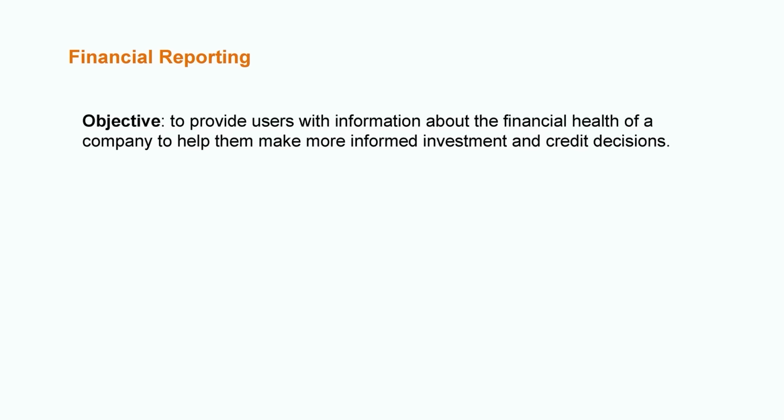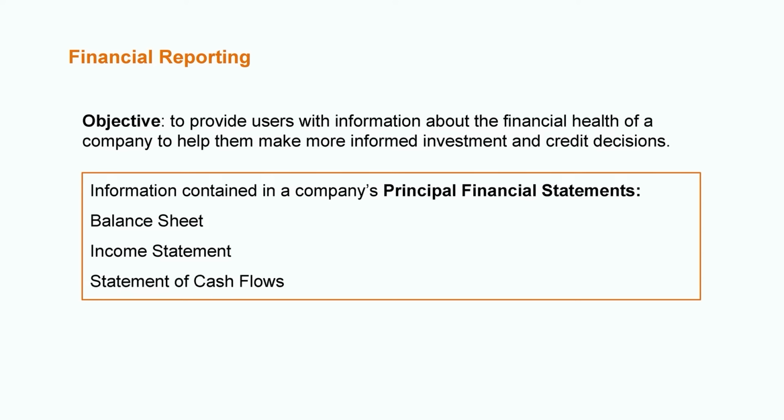Let's start with the purpose or objective of financial reporting. The principal purpose of the financial reporting process is to provide the users with information about a company's financial health so that they can make investment and credit decisions. In order to make these types of decisions, the users rely on a company's set of financial statements, including their balance sheet, income statement, and statement of cash flows.